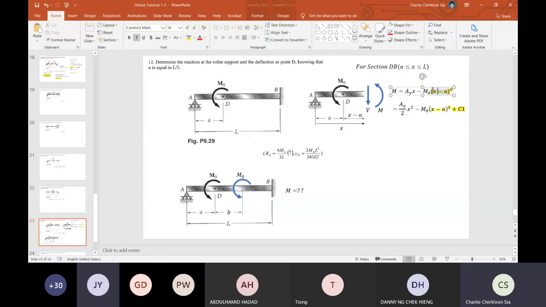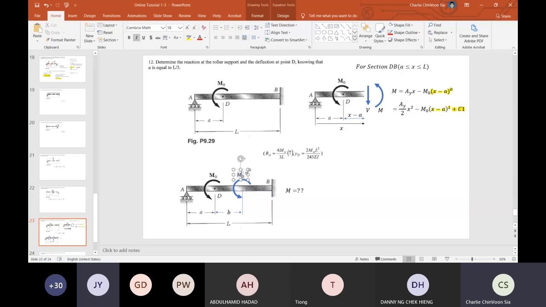So if we ignore this x minus a, which means I put my moment at this point, you will get the same value for your deflection, which means you will get the wrong answer, even though we know that a moment at a different location gives a different deflection value.